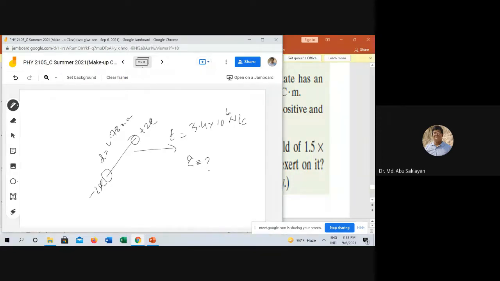The P is parallel and anti-parallel to the electric field. Parallel and anti-parallel to the E.